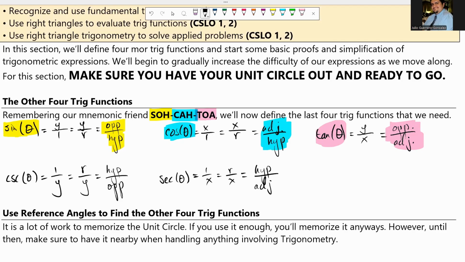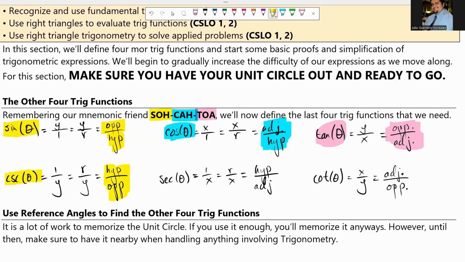And then the last one is cotangent. Same idea: x over y, adjacent over opposite.